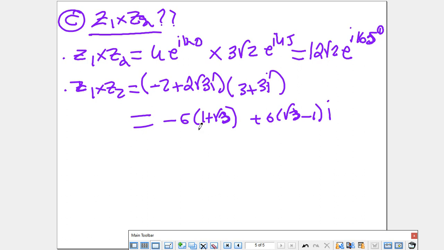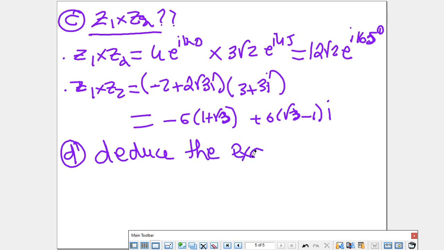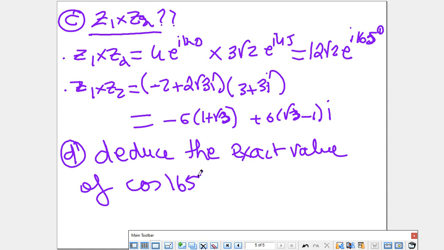Why am I doing this? Now this is the important part. In part D, my question is: deduce the exact value of cosine 165 degrees, sine 165, and they can also ask you for tangent 165 degrees.